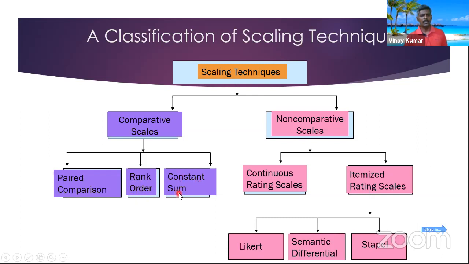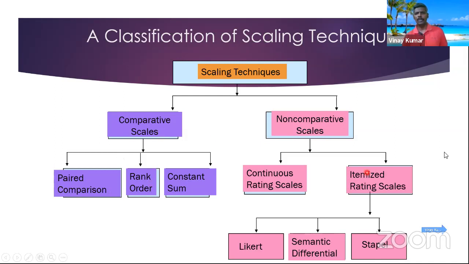And in constant sum scale, he is assigning the points to the attributes of the product or service. And thus we try to understand which attribute has been preferred more by the customer or the respondents for any object that has been taken by the researcher to measure. So this is comparative scales.